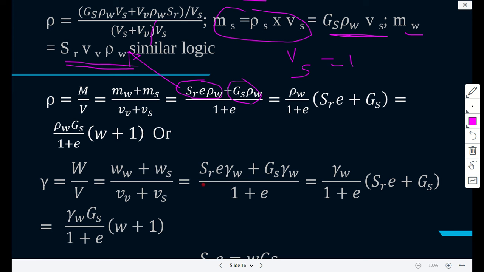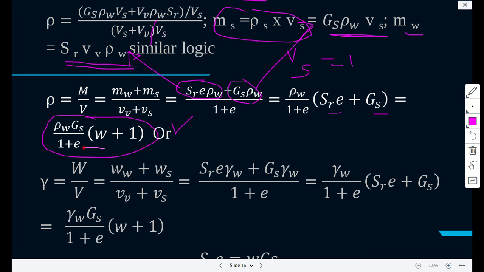This is very easy, because we know from the logic that we have proffered up here. When we factor in the density of water, this is what we come up with. And if we express in terms of the water content, this is what we come up with.